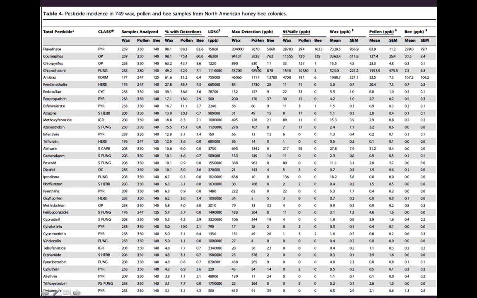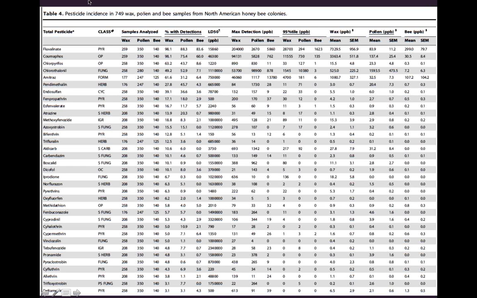To cut the story short, the paper shows they did liquid chromatography on all of these samples to determine the levels of these chemicals in each type of sample collected. There are several tables in that paper. This table happens to be the one that collected samples of the agrochemicals in wax, pollen, and bee samples.